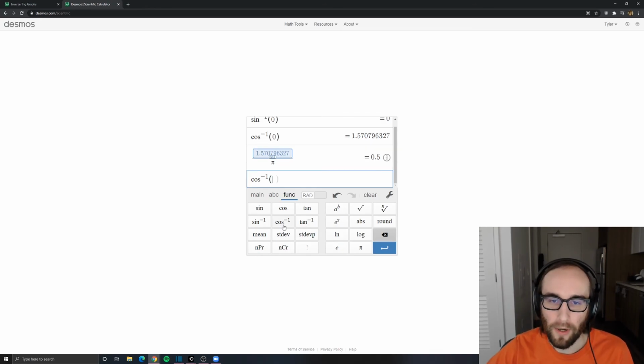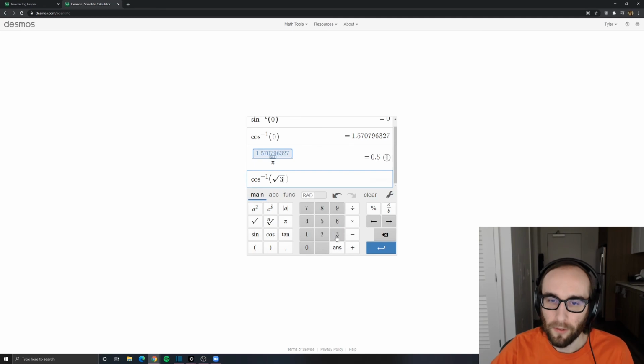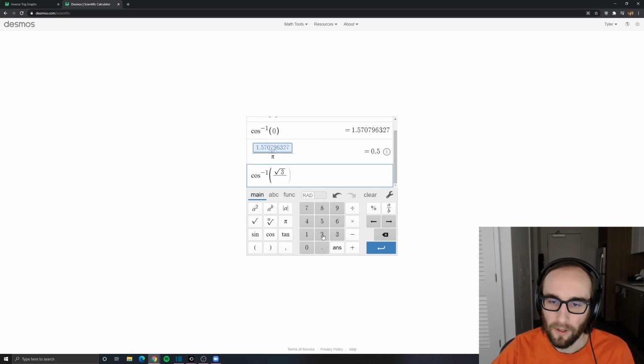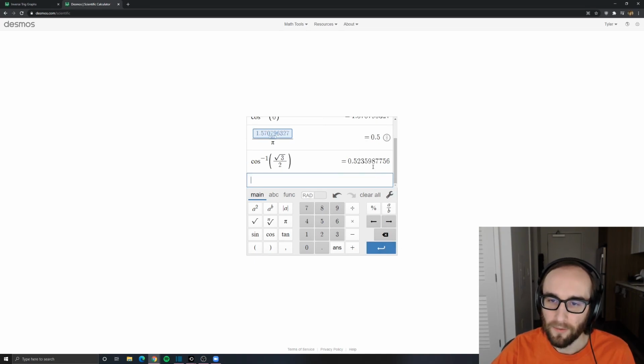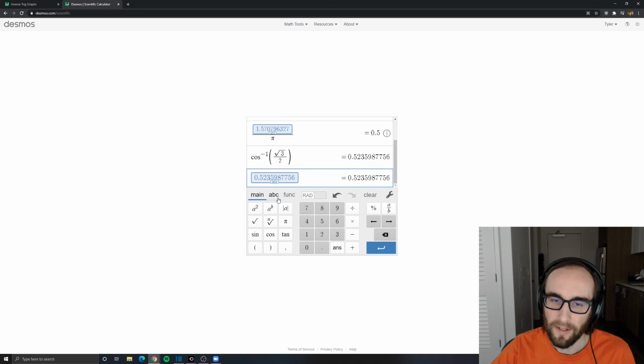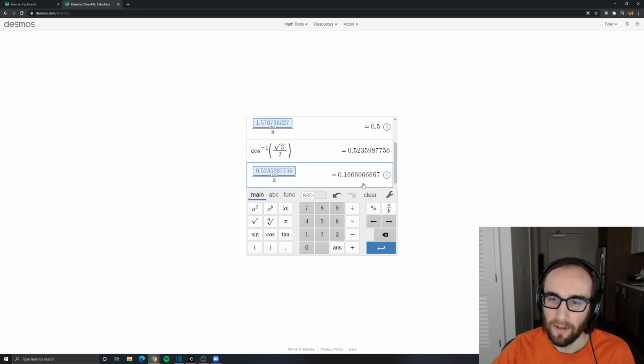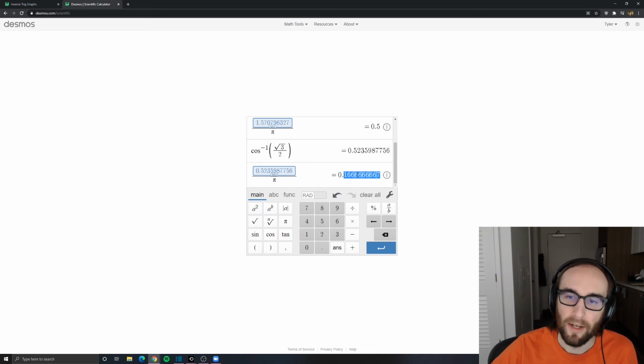One more we could do, so inverse cosine, for example, of square root of 3 over 2. So here in degrees, it's 30 degrees. For radians, we end up with this number. And again, we can just take it, divide it by pi, and we see that we end up with 1.666667.